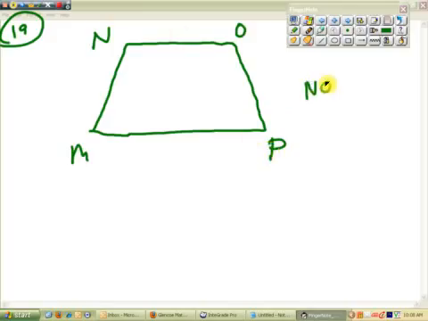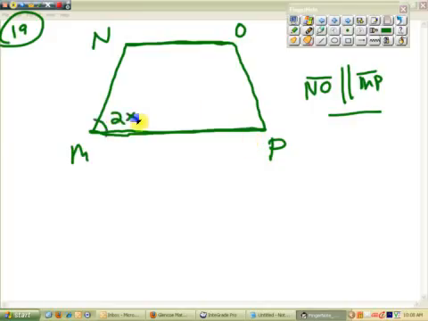So it says this in the question. It says this means parallel. This means that NO up here, this line, is parallel to MP. Well, they are. That means they're the bases. And then it says angle M is 2x. And then it says the measure of angle P is x plus 27.